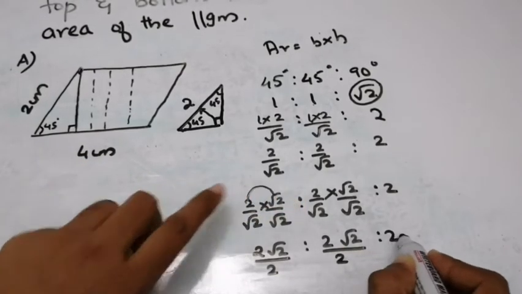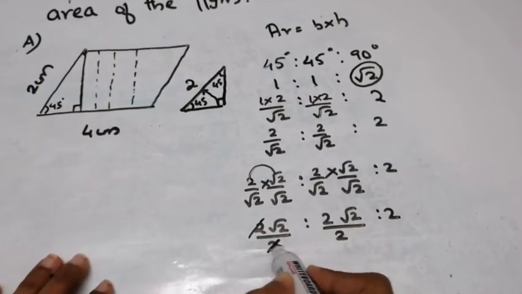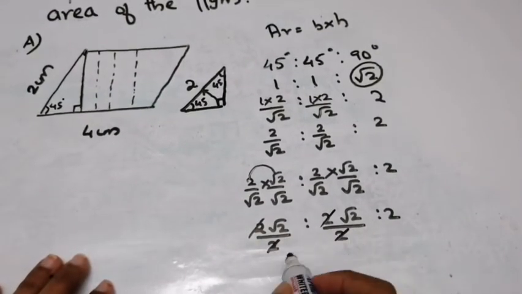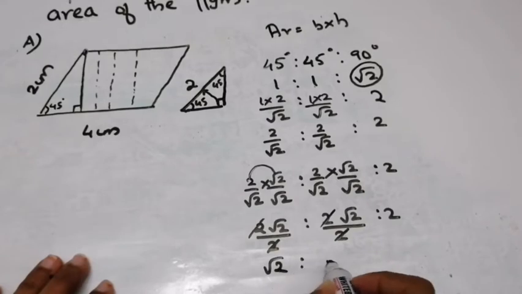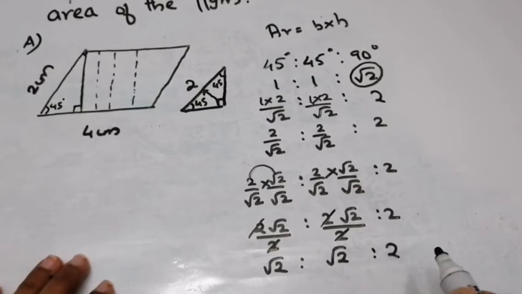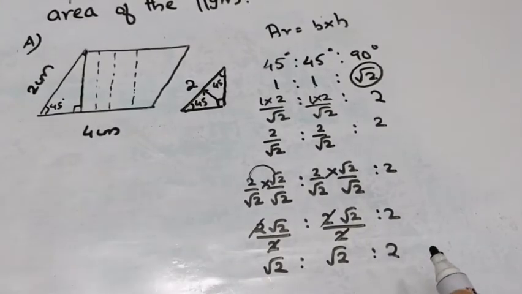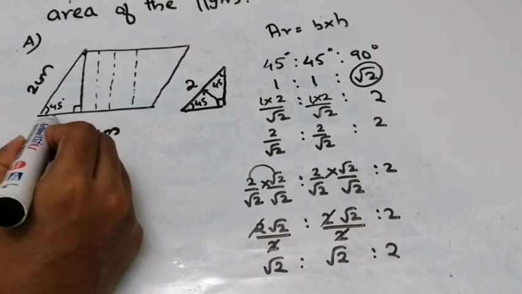So 2 and 2 can be cancelled. Now what do you have remaining? Root 2. So the side opposite to 45 degree is root 2.